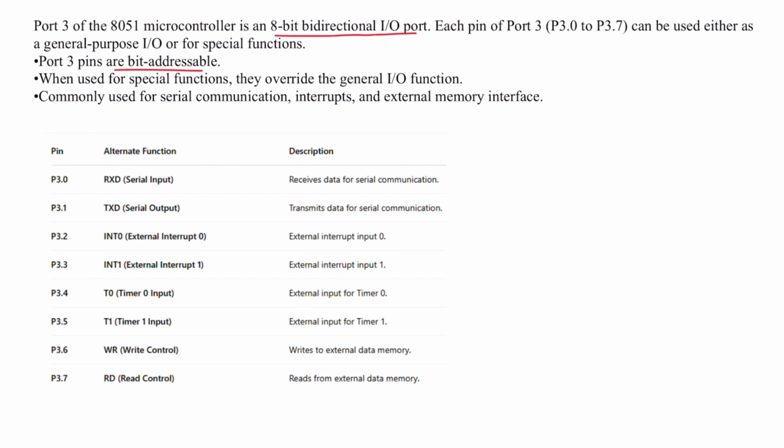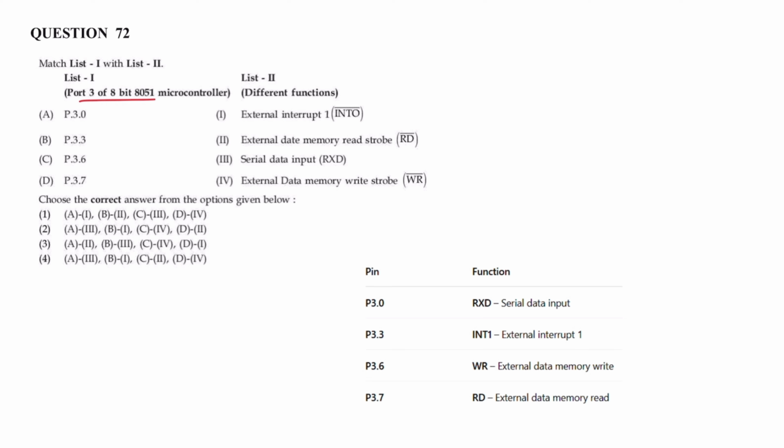So 3.0 is serial data input RxD. 3.3 is external interrupt 1. 3.6 is write bar. 3.7 is read bar. Correct option is 2: A3, B1, C4, D2.